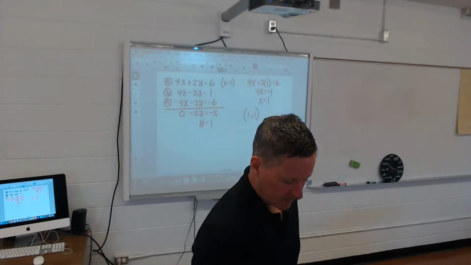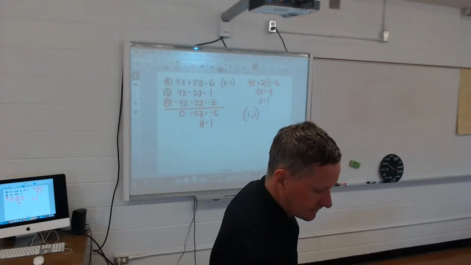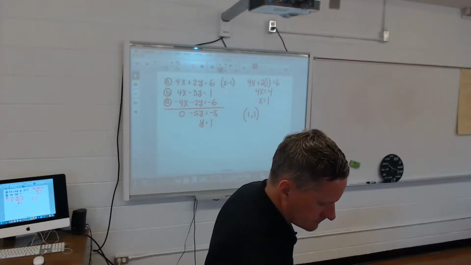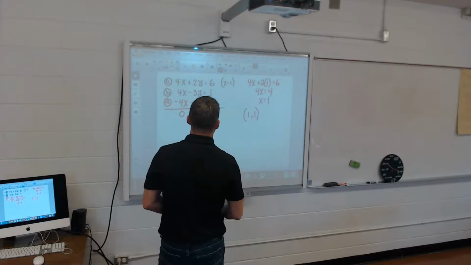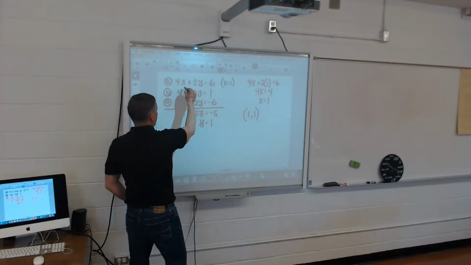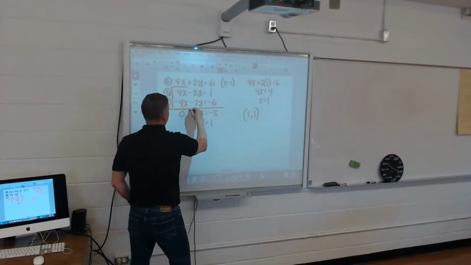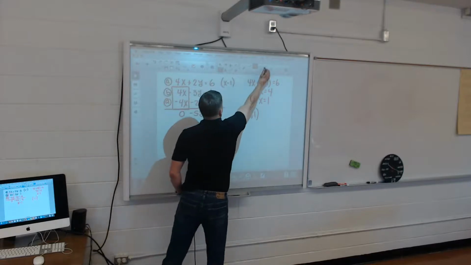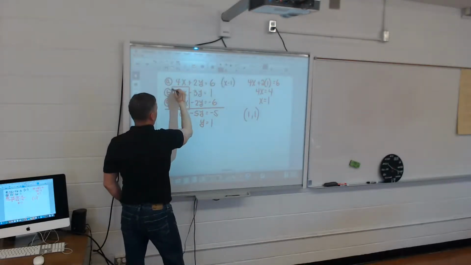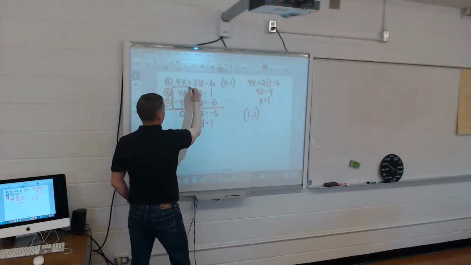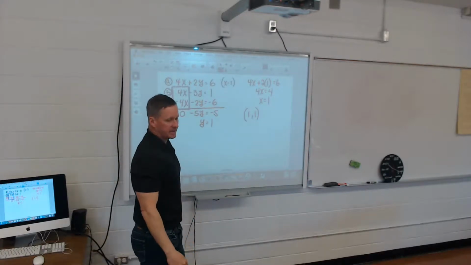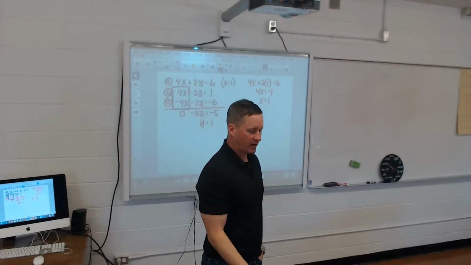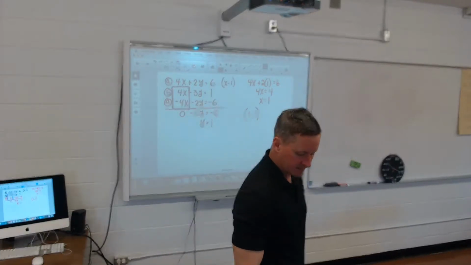So I've got 1 and 1. Okay. So the key to the elimination method is lining up one of the variables so that when I add them, these two values will add to 0. Getting rid of it so I can solve for one of the unknowns.